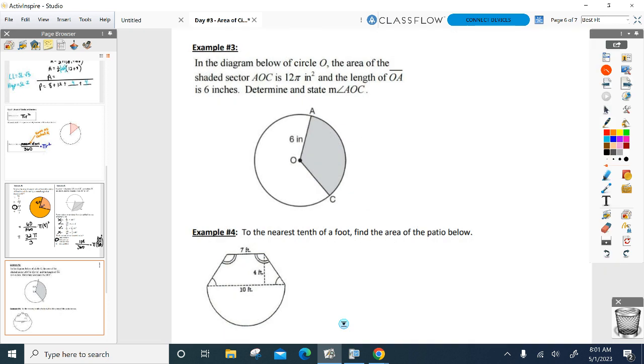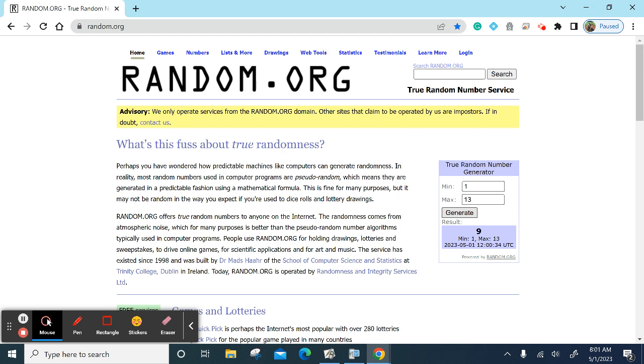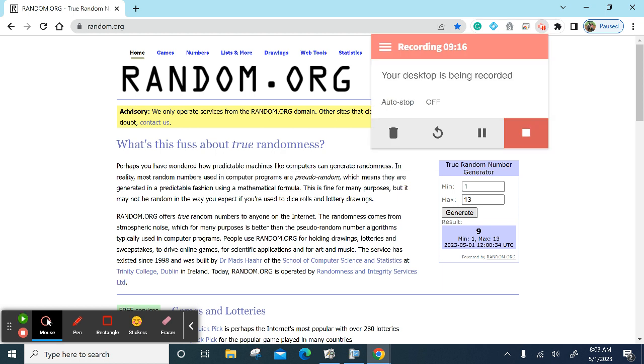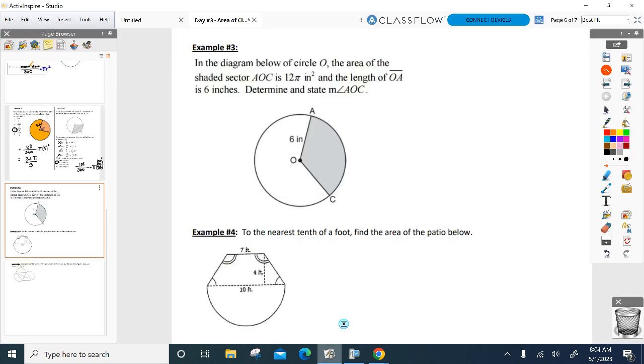Oh, there it is. It's been a while, kids. All right, let's hurry this up. Okay, the area is 12 pi. The length is 6. What's angle AOC? All right, now this is one where I'm not asking you for the area. I'm giving you the area, and I want another part of the formula.